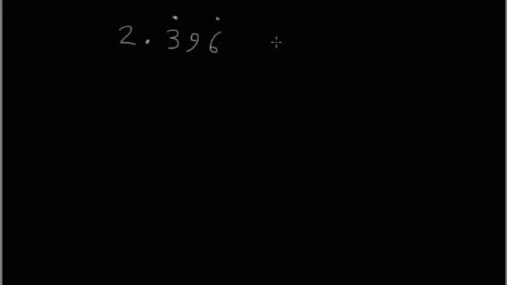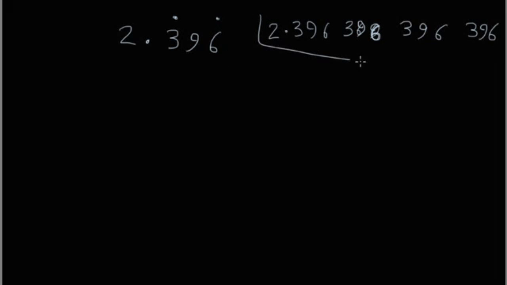So again, just to remember, that means 396, 396, 396, and it keeps on going. Okay, so this time we're going to let x be equal to 0.396 recurring.